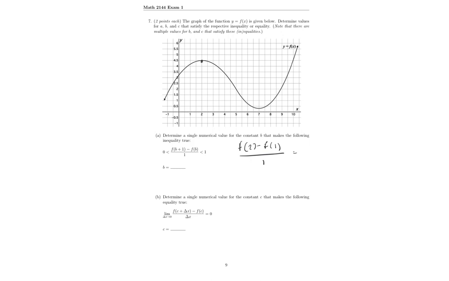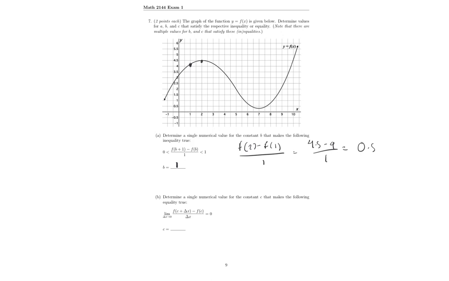So we have like 4.5 for 2, and then we have about 4. So that's going to be 4.5 minus 4 over 1, which is just 0.5, right? Which is within that bound that we're looking for. And so our b in this case is going to be 1.